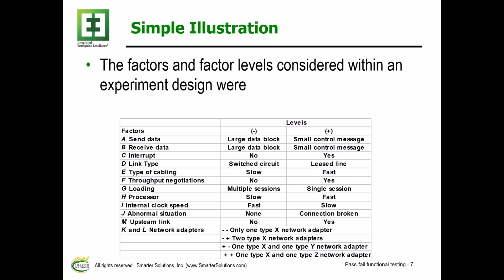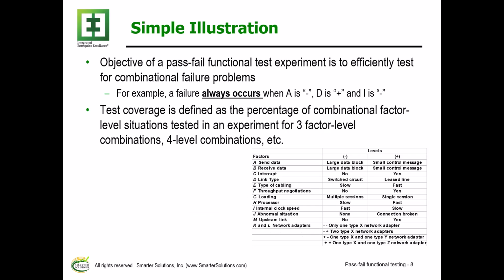The factors and factor levels considered with an experiment design were the following. We have factors A through K, and notice each of these factors can take two levels in this simplistic illustration. The objective of a pass-fail functional test experiment is to efficiently test for combinational failure problems.